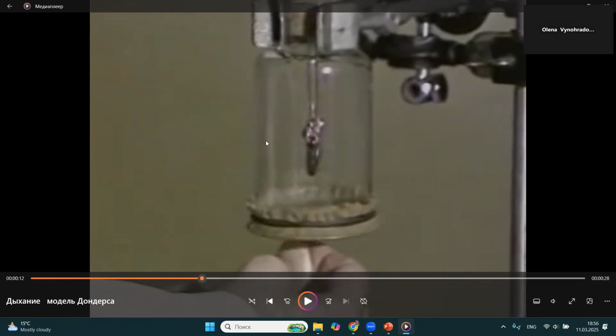Otherwise, it's not possible to come into the thoracic cavity. This rubber membrane is equal to the work of our respiratory muscles. And how does it work? Or you can imagine more easily if you use it. This is the diaphragm. When the diaphragm moves down, the volume of the cavity is increased, lungs are open. When it moves up, the volume of the cavity is decreased and the lung is closed. Let's look.